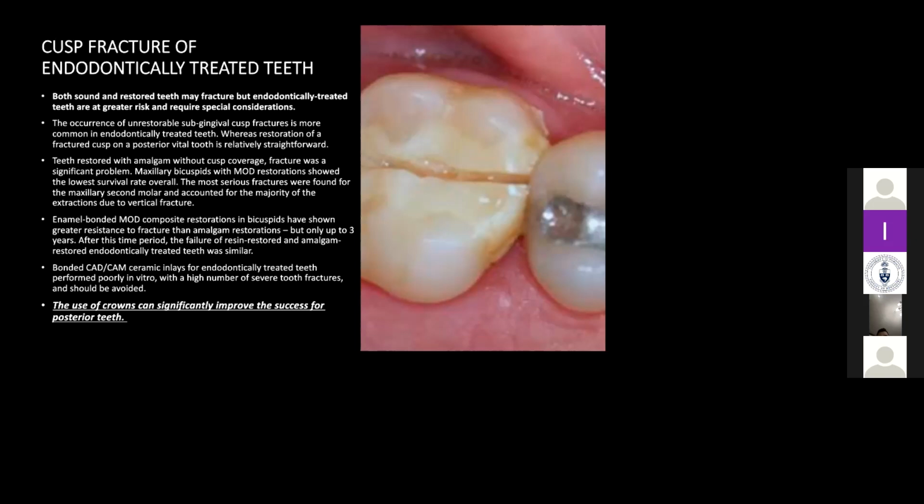There's even lectures specifically just on isolation. I know there are booklets specifically on how to do isolation, but it's the standard of care. The rubber dam has been around dentistry for more than 100 years, so it's not something new.